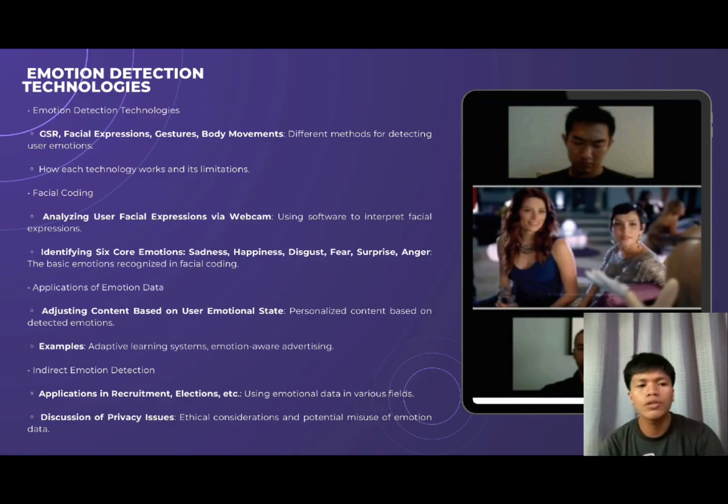Applications of emotion data include adjusting content based on the user emotional state, such as in adaptive learning, advertising. Indirect emotion detection is also utilized in areas like recruitment and elections. Finally, discussion on privacy issues addresses the ethical considerations and potential misuse of emotion data.